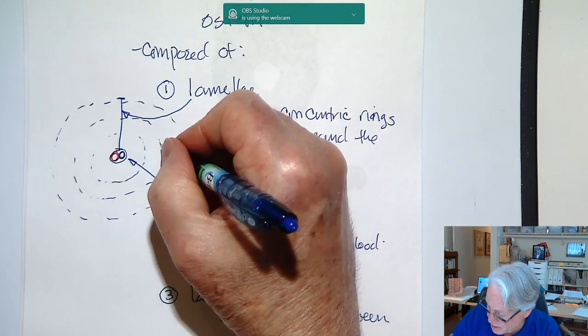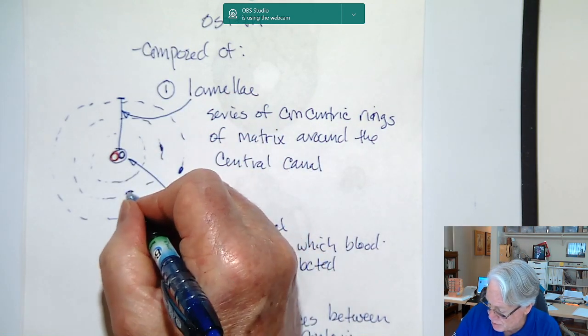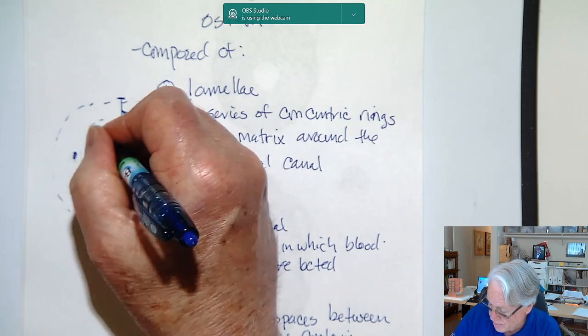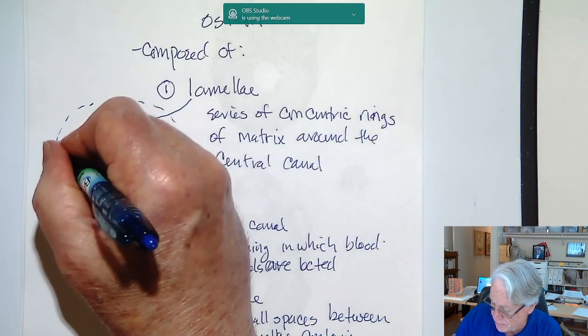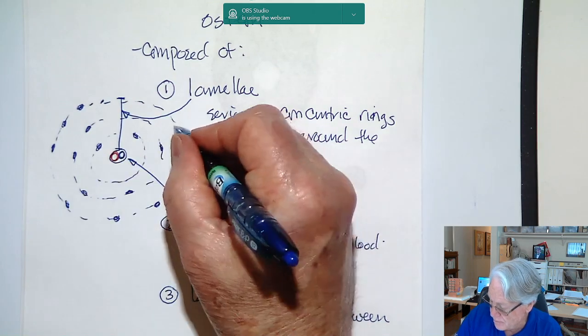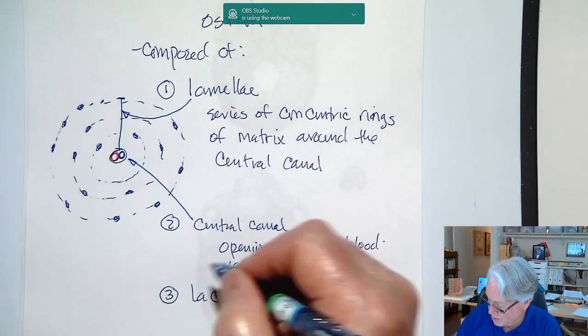So let's go ahead and put in some of those, make them a little bit darker so we can see them better. Okay, and that would be the lacunae.